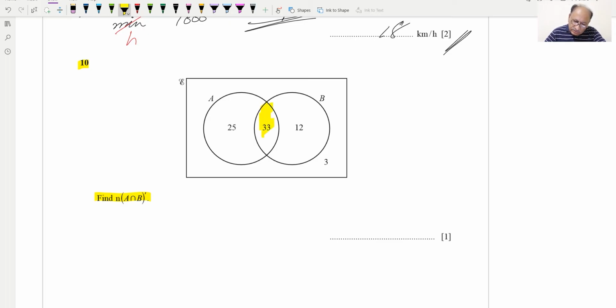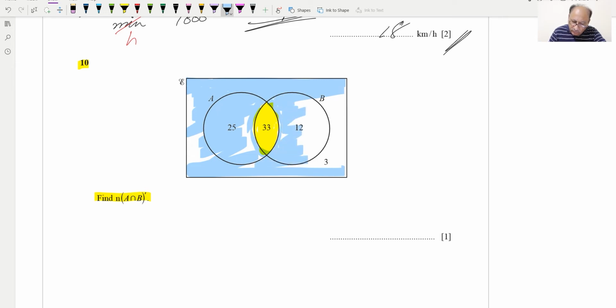A intersection B is this, but A intersection B complement will be the outer portion, whatever is not included in this one. So the outer portion is basically this outer portion. So we can shade this complement, and then we will erase the intersection part.